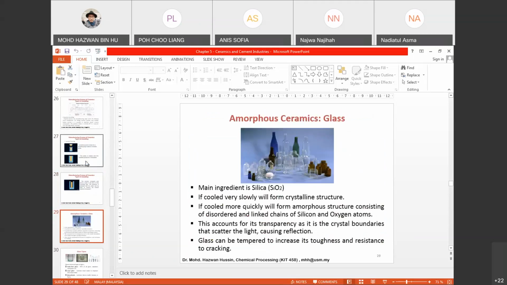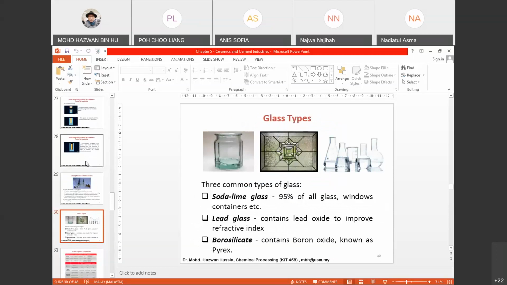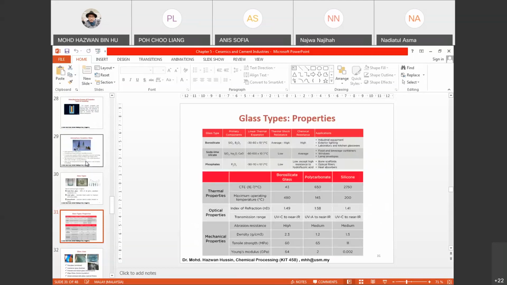And yesterday we have also looked at glass. So what does it mean by glass? A glass is basically amorphous ceramics, which is made mainly from silica. We have three types of glass: soda lime glass, lead glass, and also borosilicate glass. Each and every glass has its own different properties.